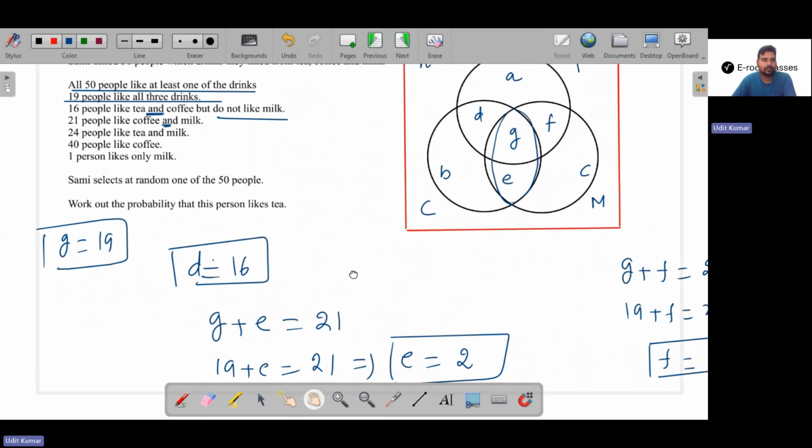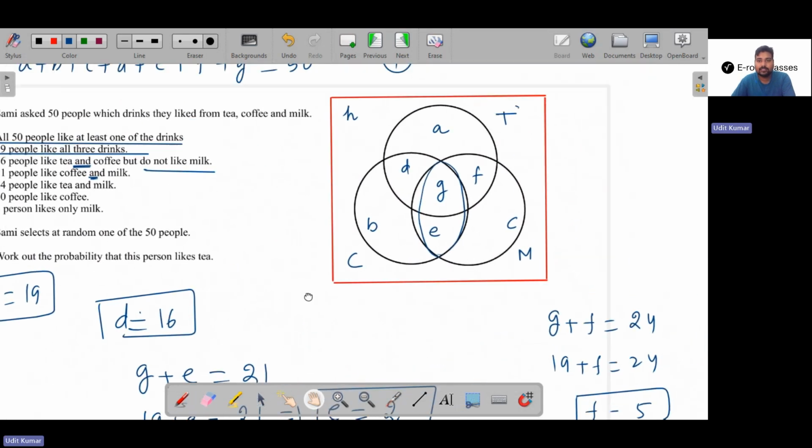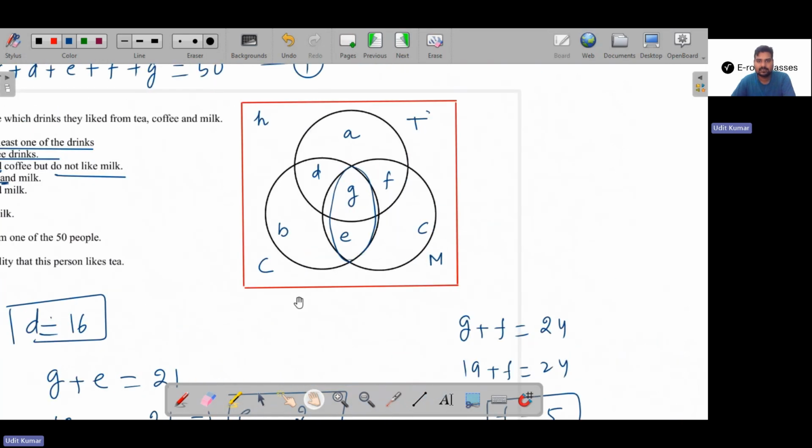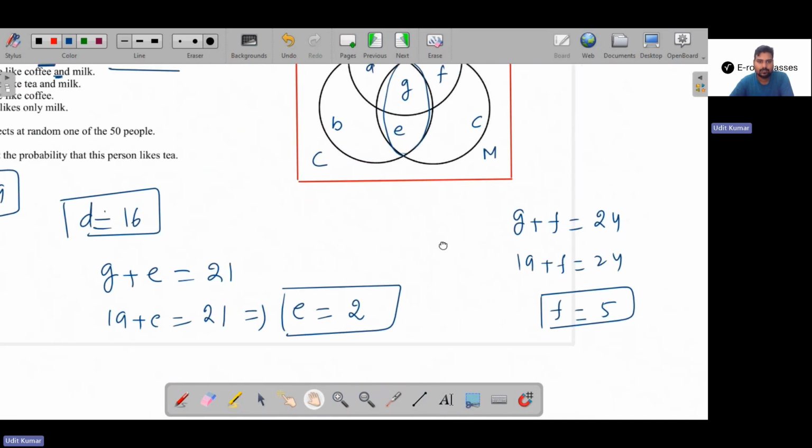Then it says 40 people like coffee. It means B plus D plus G plus E should be 40, because coffee is the combination of B, D, G, and E. Now, how many values do you know?